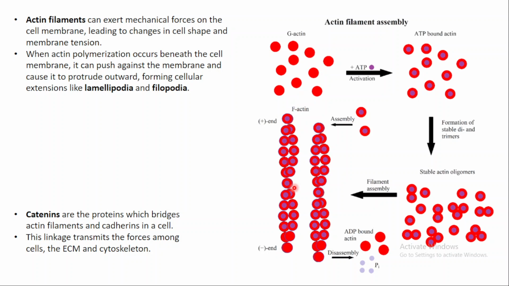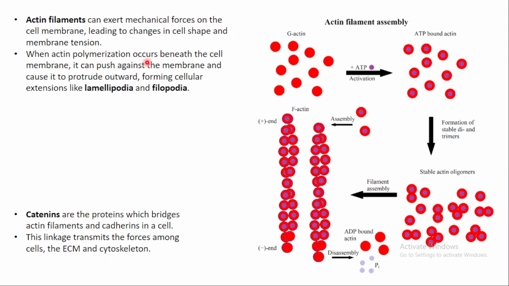When this microfilament is polymerizing, it can hit the cell membrane. It can exert mechanical forces on the cell membrane, leading to changes in cell shape, morphology, and membrane tension. If you imagine a cell full of cytoplasm, which is liquid, we have these polymers of G actin called F actin, which are growing towards one end and depolymerizing from the other end.